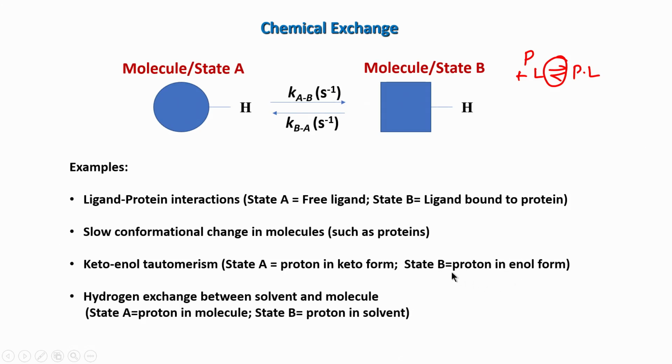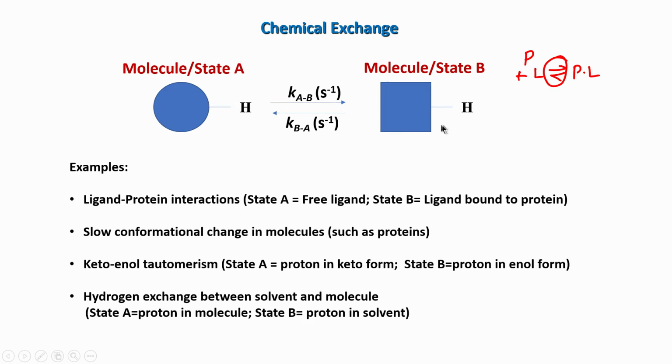Again, the enol form can be considered as state B and the keto form as state A. Another example of states A and B can be hydrogen exchange. For example, this hydrogen can exchange with solvent and become deuterated. Suppose the solvent is deuterated, a solvent deuteron can exchange and the proton becomes deuterated.